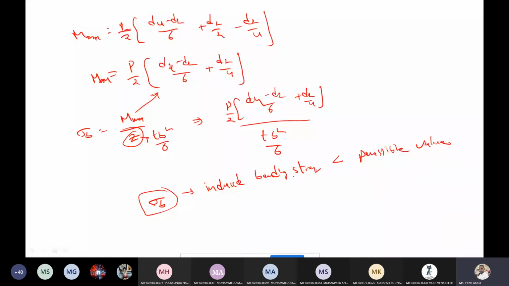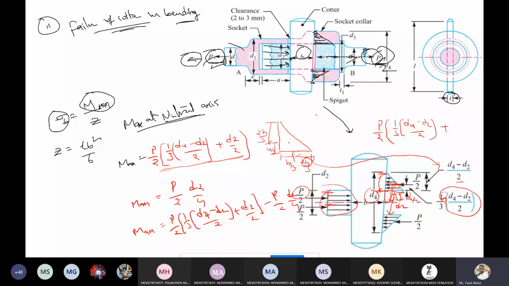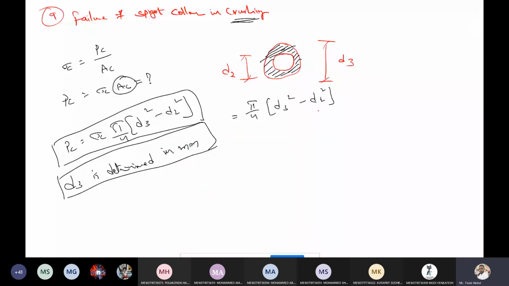If your value is less than the permissible value, then the dimensions you calculated from the beginning, D1, D2, D3, D4, D, A, C, T1, T, B, all these dimensions are in safe condition. Otherwise, you have to recheck the total procedure, find where you made the mistake, and do the operation from the beginning to last.